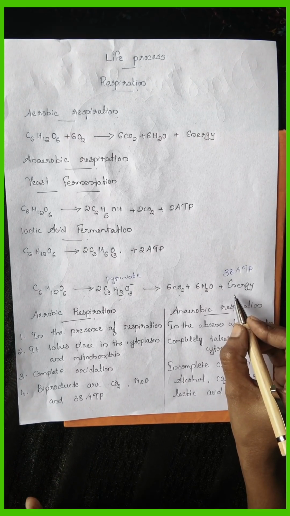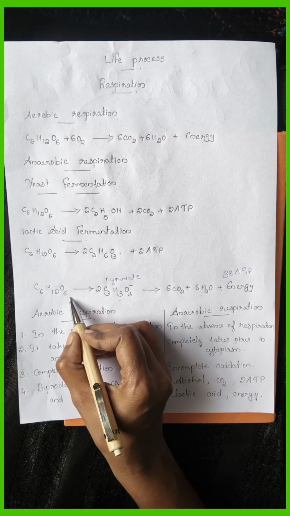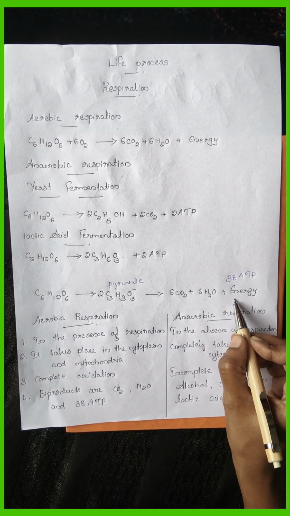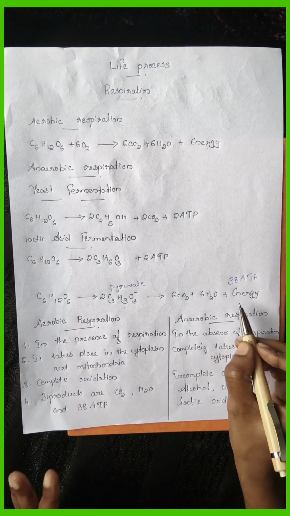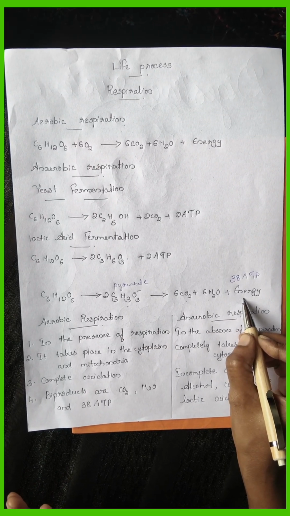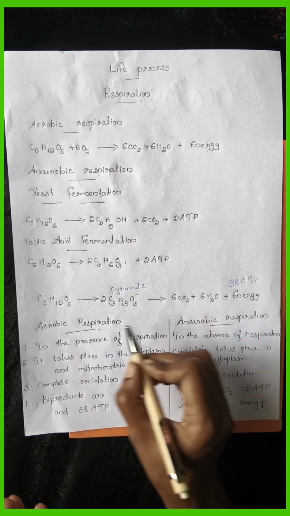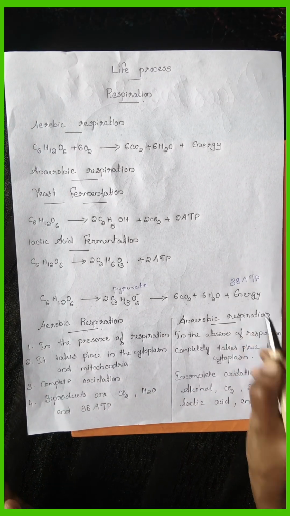Half the process takes place in the cytoplasm and energy is released in the mitochondria. That's why, as you have studied in lower classes, mitochondria is called the powerhouse of the cell, where the energy is released. So this is aerobic respiration.